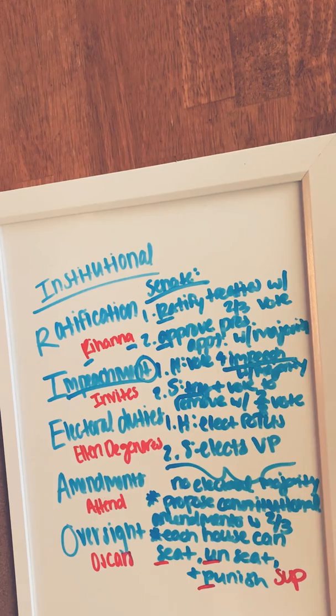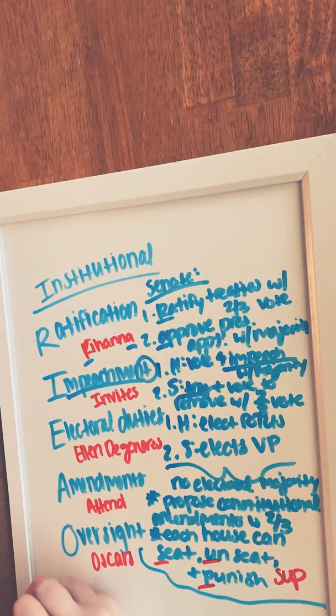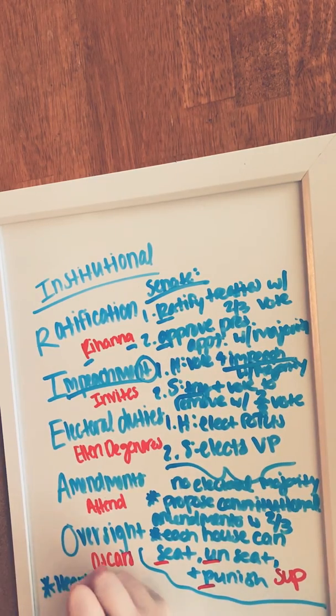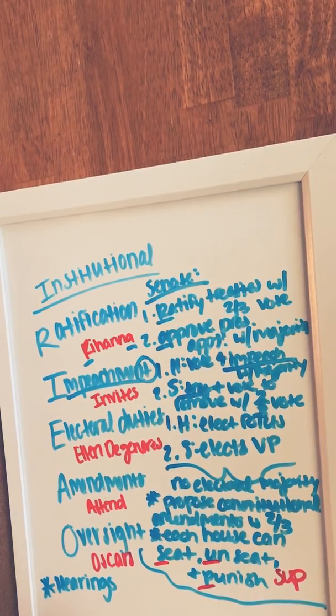And then for oversight, just because this is so messy, I'm going to block this off a little bit. All right, for oversight, the main thing in oversight is hearings. So we have hearings and oversight. They help legislators make better policy decisions, and they're really essential to the checks and balances system.